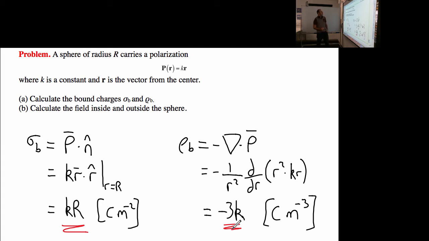Okay, so the next thing we're going to do is calculate the field inside and outside the sphere. The previous solution got to our surface bound charge being equal to k times R, and we found that our volume bound charge, rho, was equal to minus 3k. I'm going to calculate the fields inside and outside.